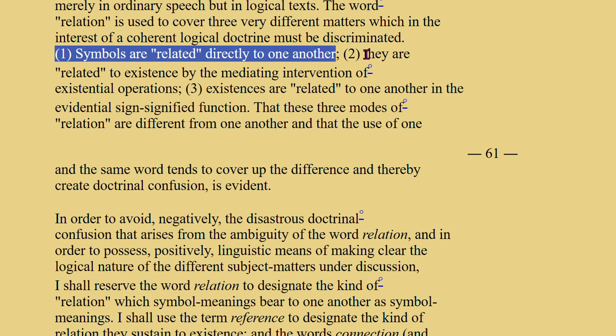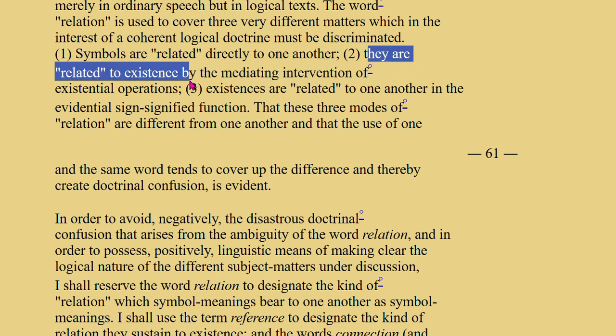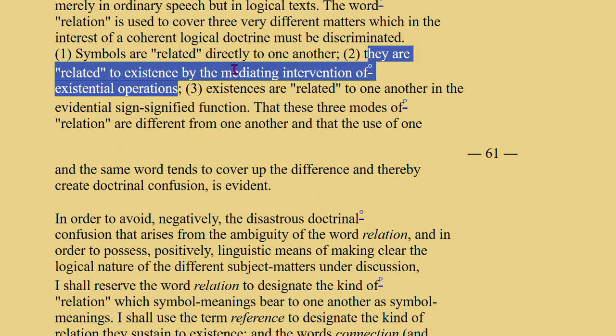Number two, symbols are related to existence by the mediating intervention of existential operations. So we use words to refer to existing things, and that reference is an operational thing. It happens through what we do, through our acting on the world, in respect to the language we use about the world.